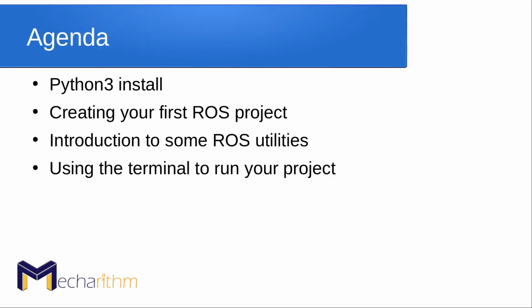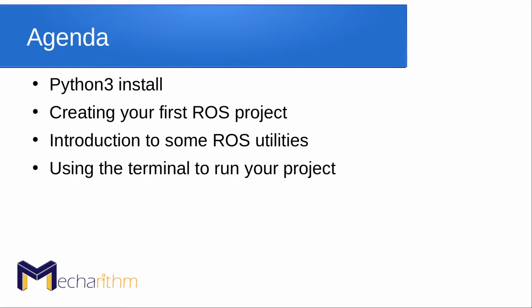So our agenda today is that we're going to talk about Python 3 install. Python is a programming language. It has two main families, Python 2 and Python 3, but Python 2 is kind of outdated, so we're going to rely on Python 3 for our development, and we're going to install it in case it doesn't already exist on your machine. And then we're going to talk about our first ROS project.